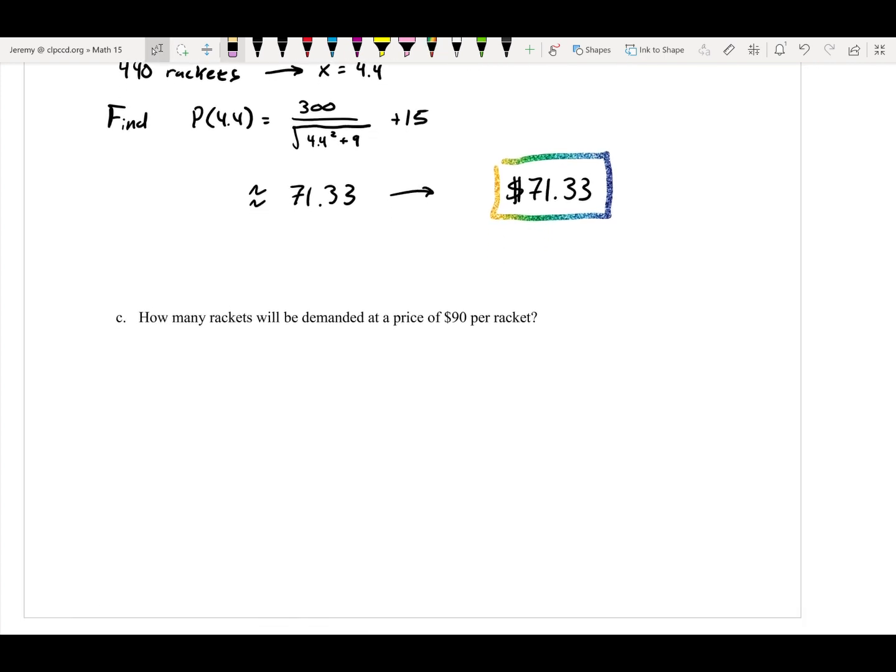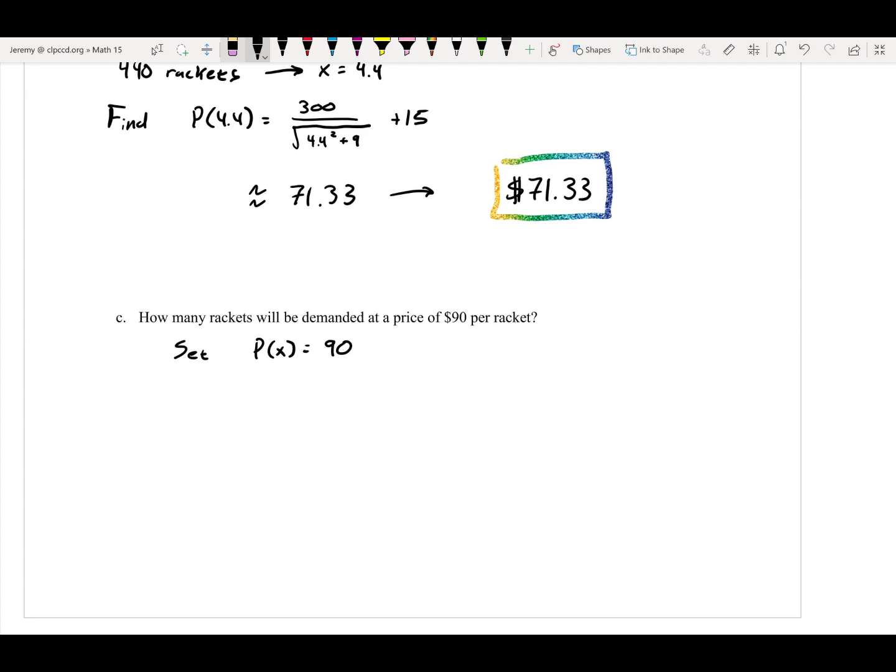Now for part C, we're given a price this time, and we're asked what the associated production level or demand is. So we're going to use our price function again. We set p of x equal to 90. This time we're solving for the demand, the number of units, rather than the price.